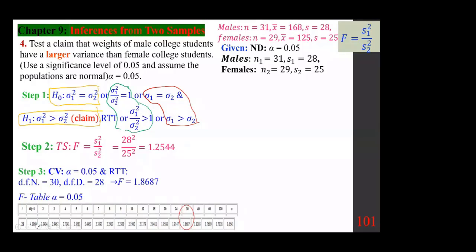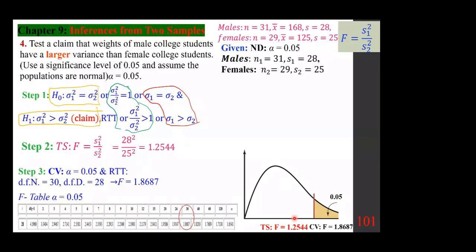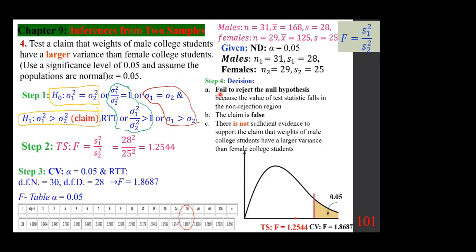We end up with 1.8687. Let's do the drawing to make a decision. Alpha of 0.05, critical value of 1.8687. Let's put the test statistic in there, and it's way into the non-rejection region. So fail to reject the null hypothesis. So let's stick with the first one. Don't reject the null hypothesis.